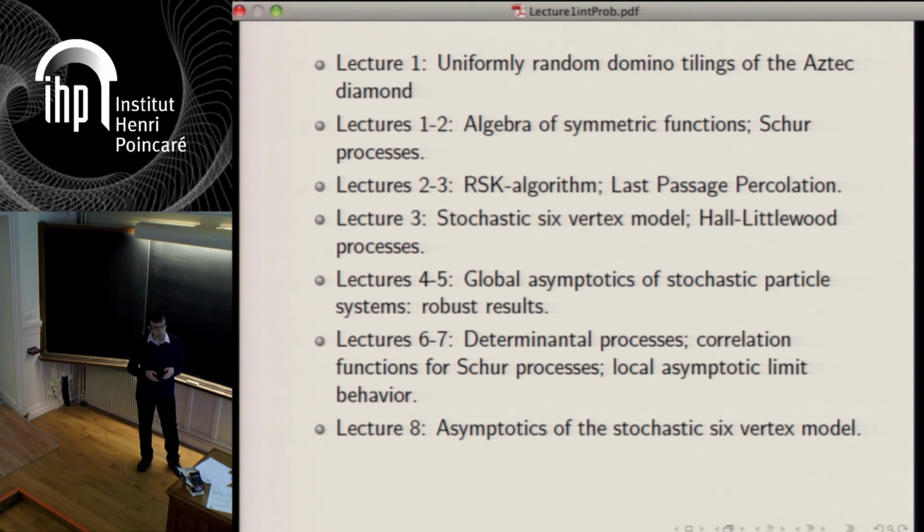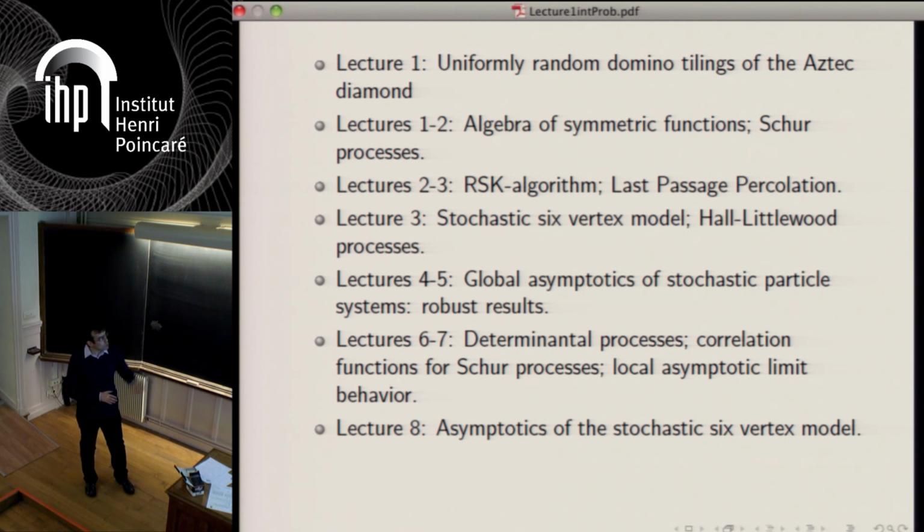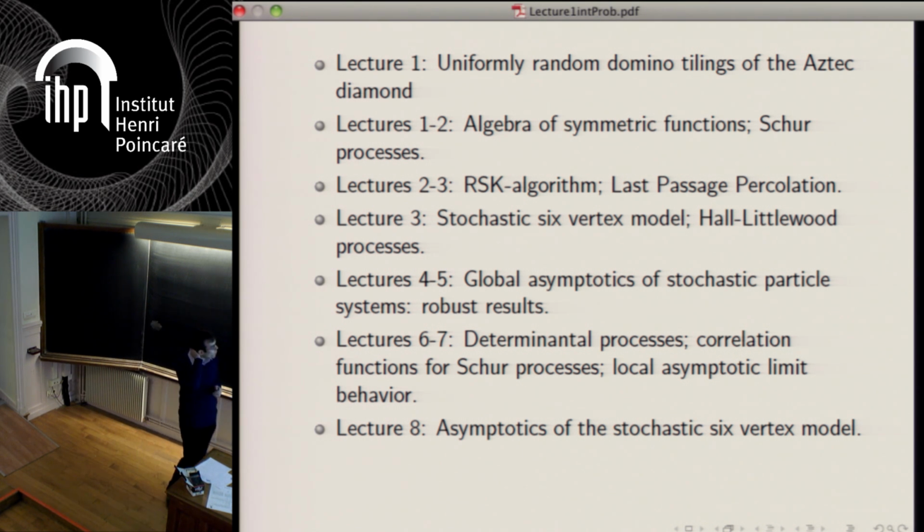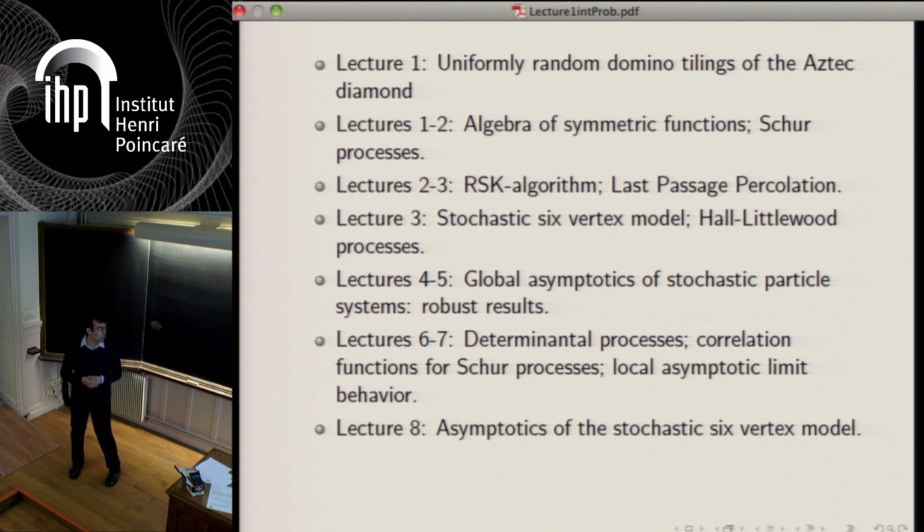So this is one classification of what we will do. Another classification is that the first 2 lectures will be kind of introductory. This material was probably well known 20 years or more ago. Then lectures 6 and 7 will be about determinantal processes, how to show that Schur processes are determinantal, and how to make an asymptotic analysis of Schur processes.